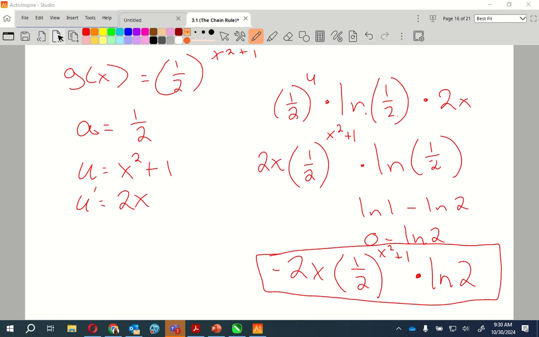Is that a variable? It's a constant, right? So that's just going to be a constant. So I really don't actually have to do much with that. ln2, it's a number. There's no variable, so I don't actually have to get all crazy with that.